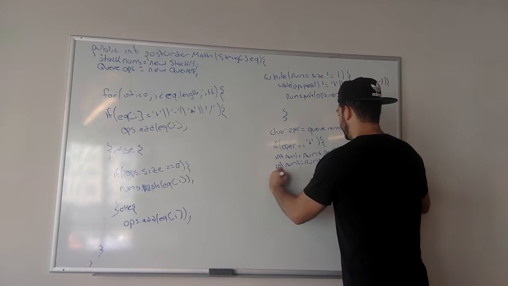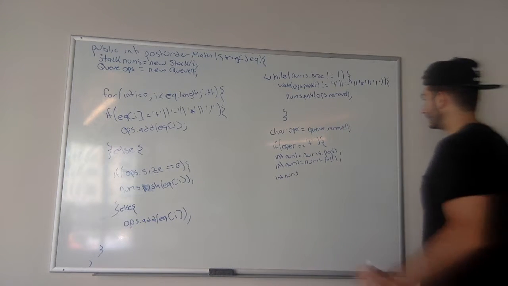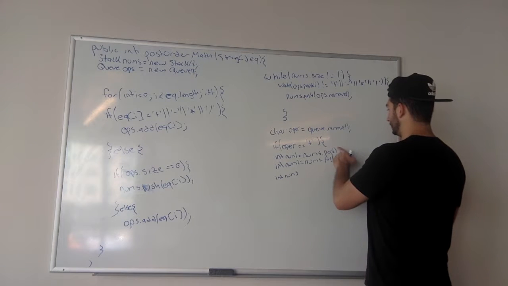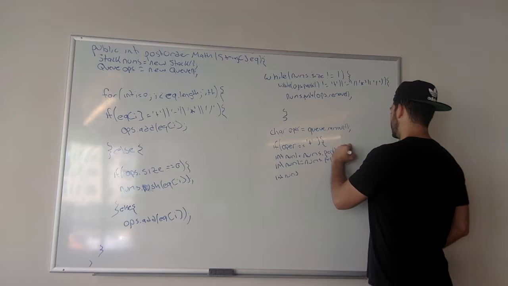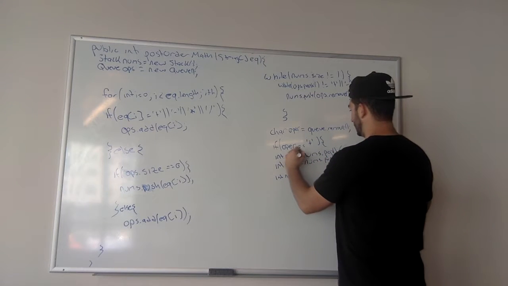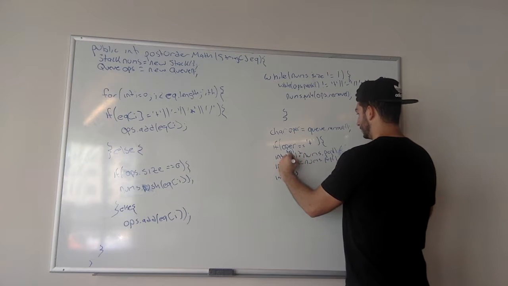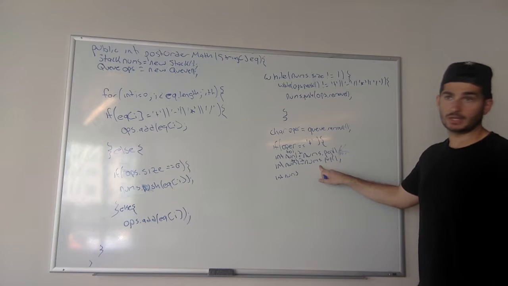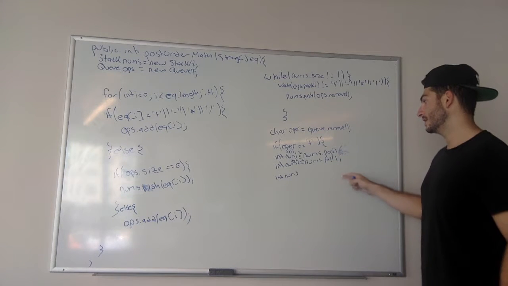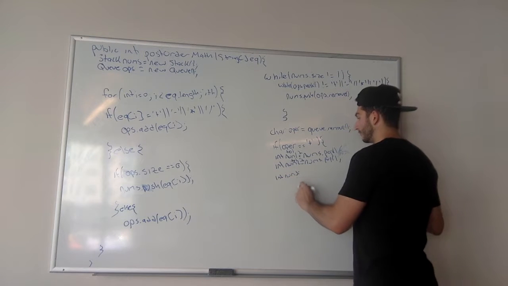So num3, actually, these are both strings, so I just want to do string 2i, put that in here. Sorry, I messed that up. But this will convert them to integers, and then we're going to perform the operation here at num3.